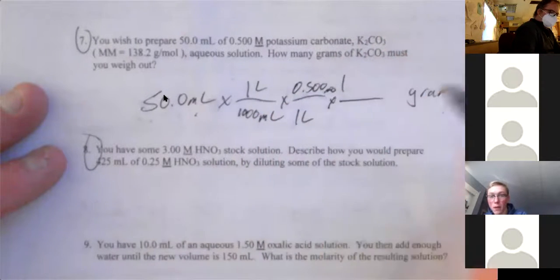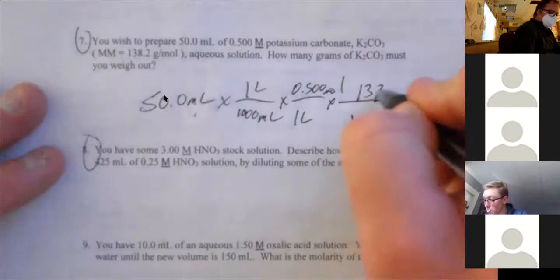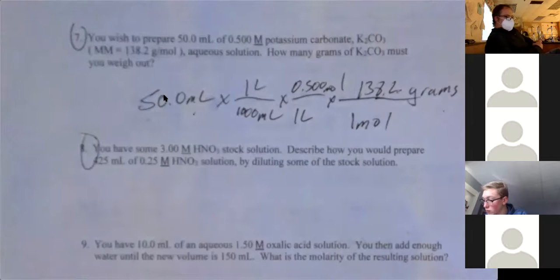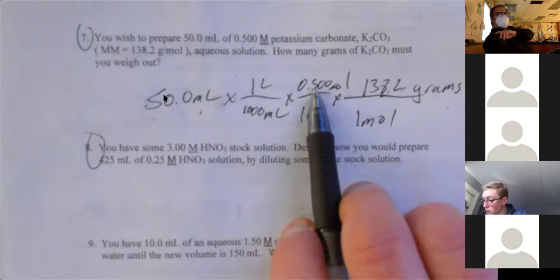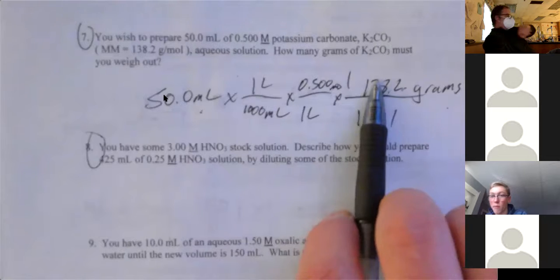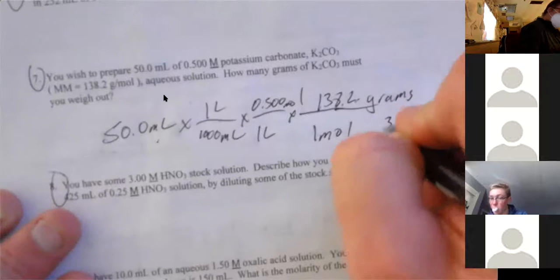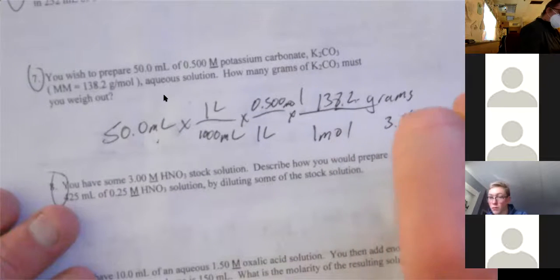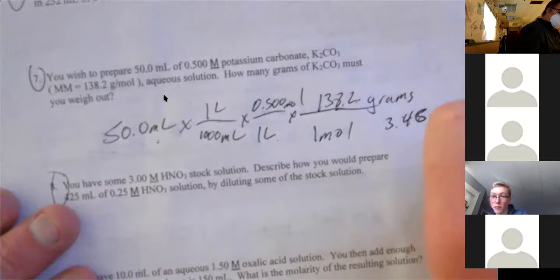And every 1 mole is so many grams, 138.2. They give it to us. That's nice. 50 divided by 1,000 times 0.5 times 138.2. So to make this solution, I need to measure out 3.46 grams of K2CO3.